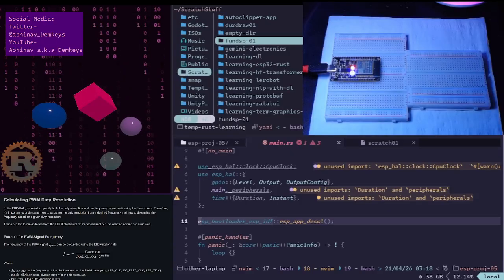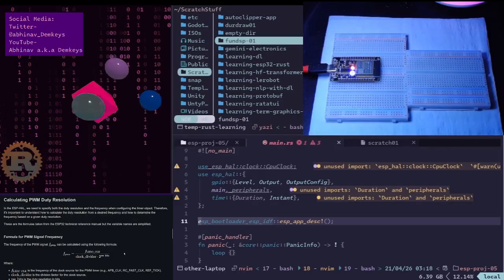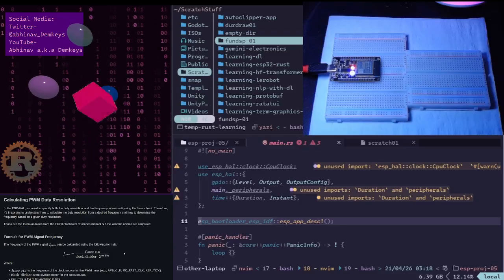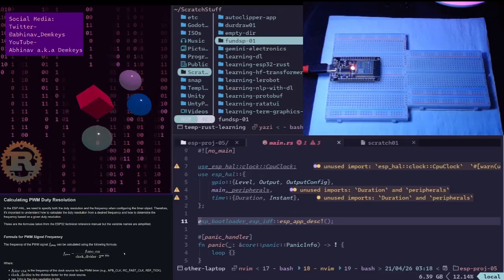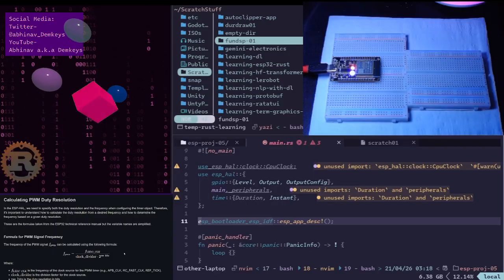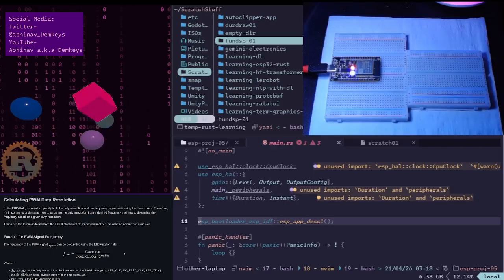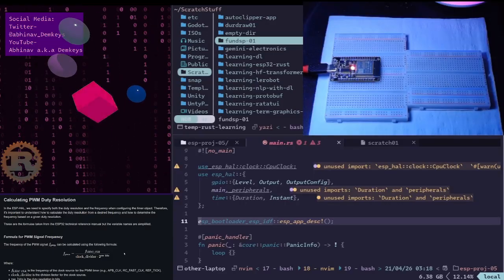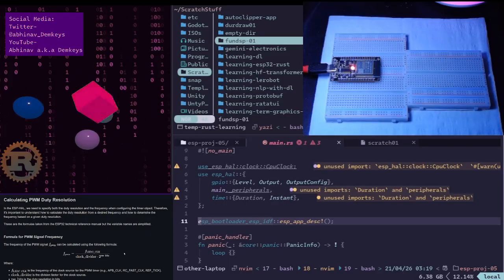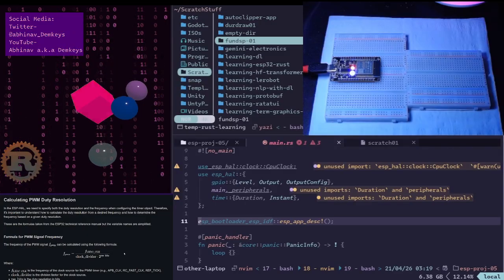Therefore, it's important to understand how to calculate the duty resolution from a desired frequency and how to determine the frequency based on a given duty resolution. Okay, I'm kind of getting that.